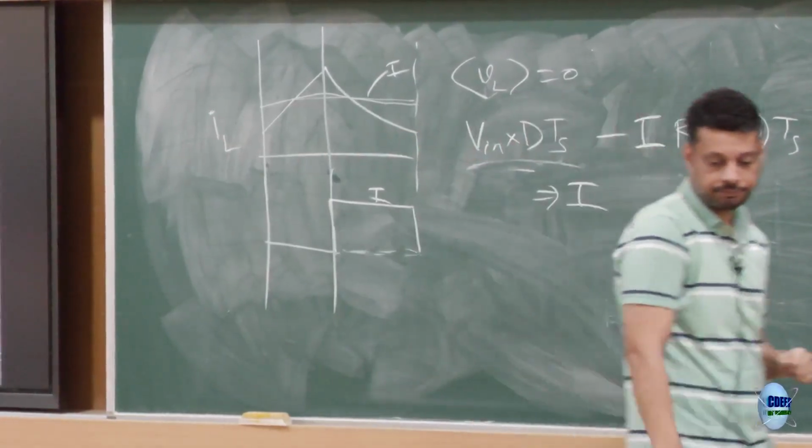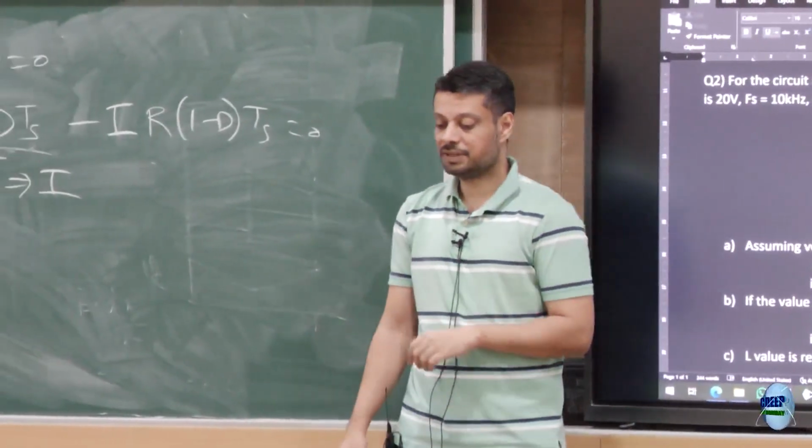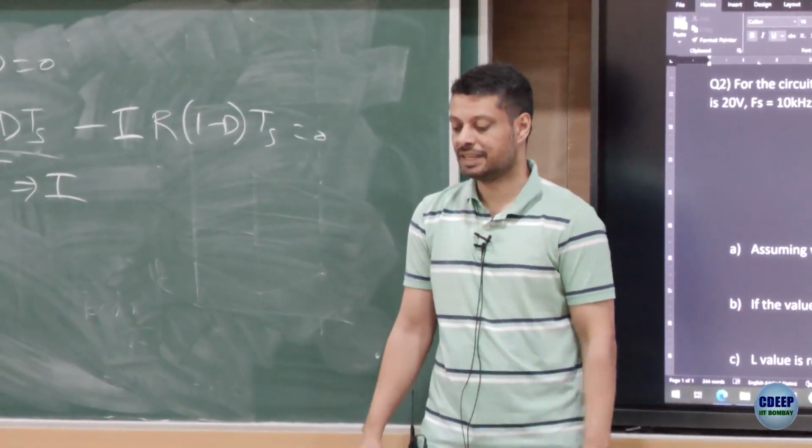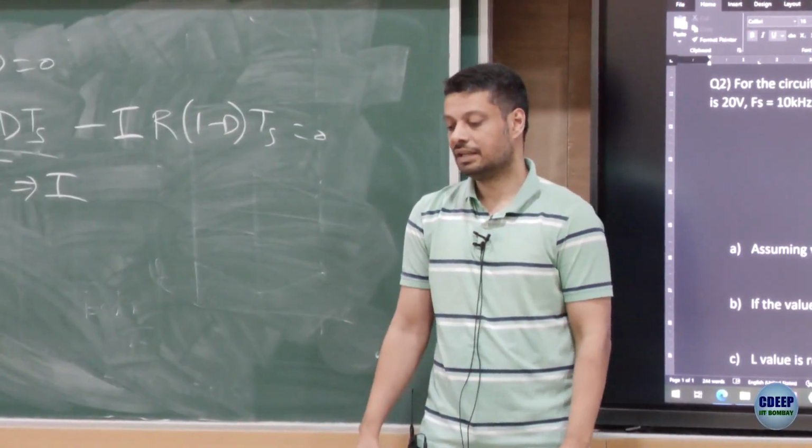Okay. B part, if the value of L is reduced, what would be the impact on the average value of the resistance current?